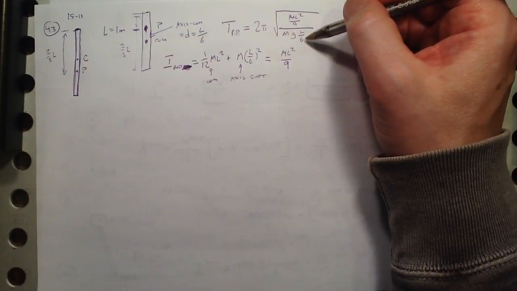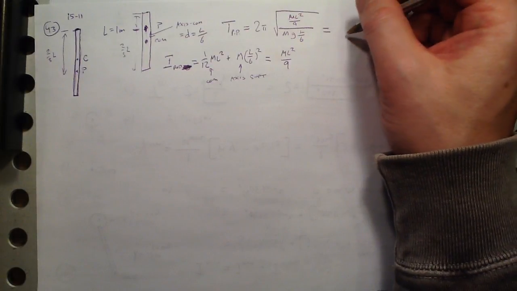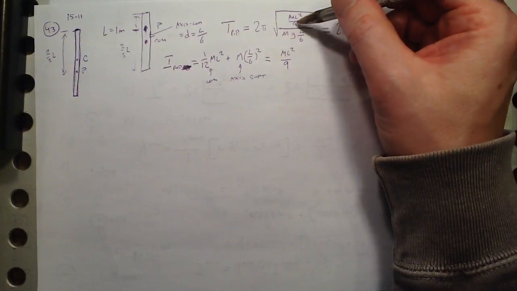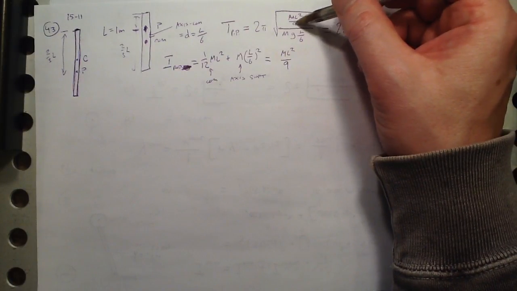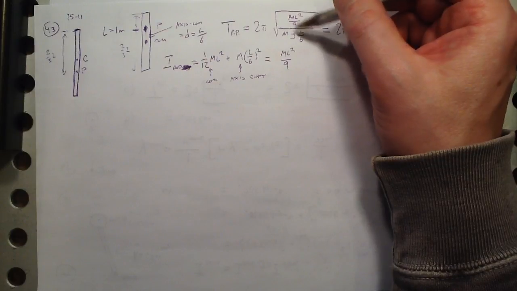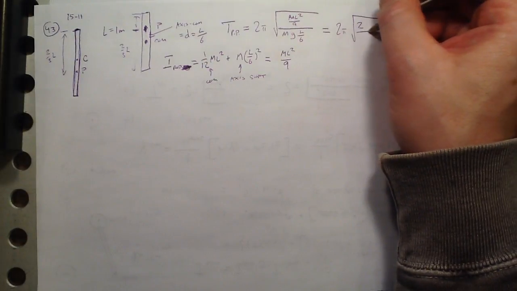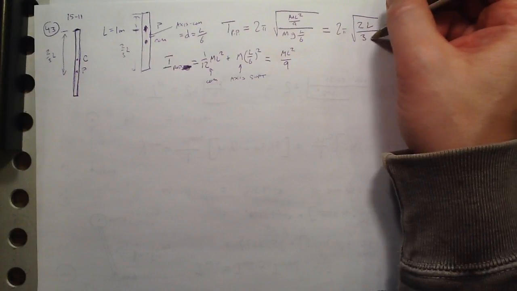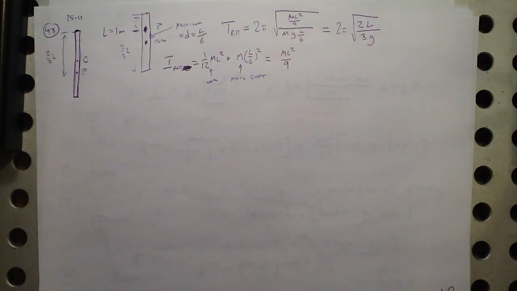So the m's cancel out, one of the l's cancels out, and then I have a 9 on the bottom and a 6 on the bottom of the bottom, which flips to the top, so that's 2/3, and then one L on the top and a g on the bottom. And they want to know, is the period now greater than, less than, or equal to its previous value? And if you look back in the problem, that's actually equal to its previous value.